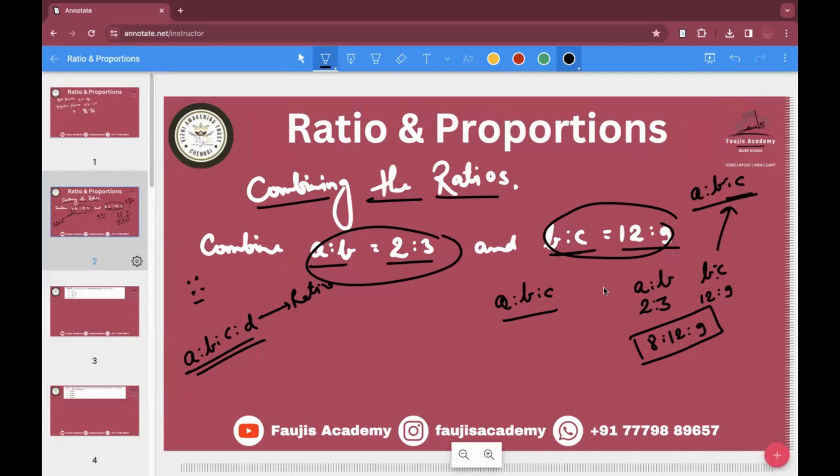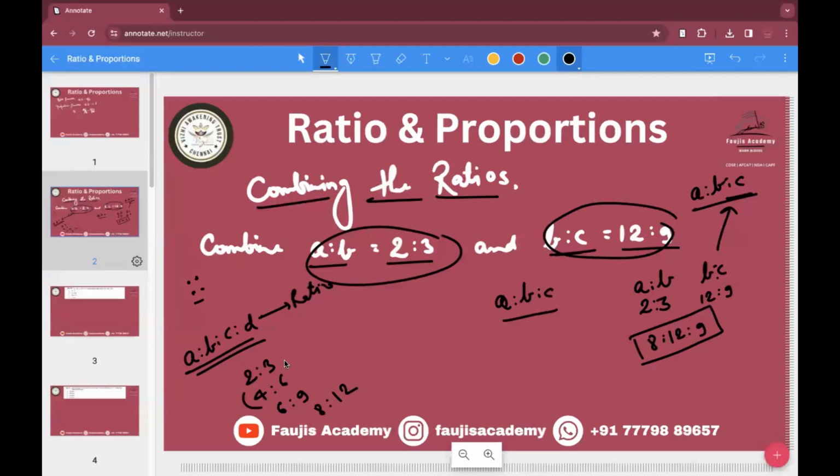See, whether it is in any form, if we are talking about A is to B, B is to C, just try to understand, if we are writing 2:3, it's as good as 4:6, it's as good as 6:9, it's as good as 8:12, right, guys?